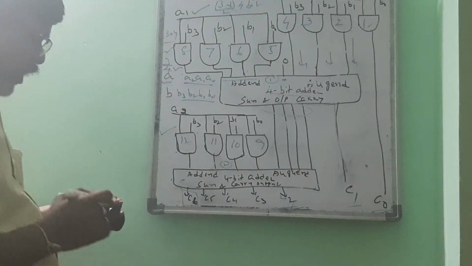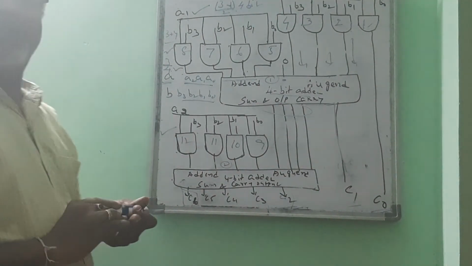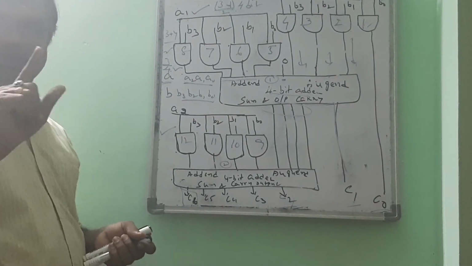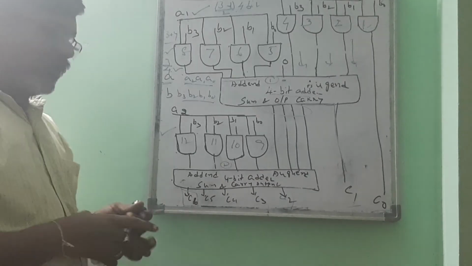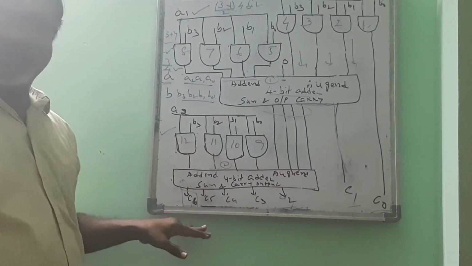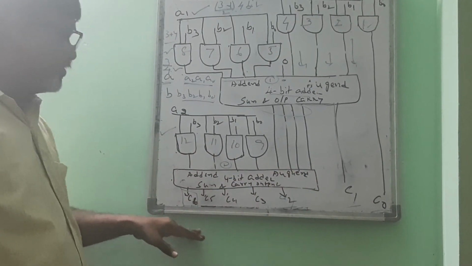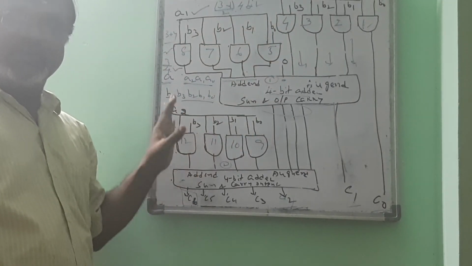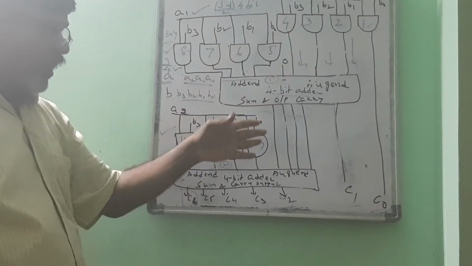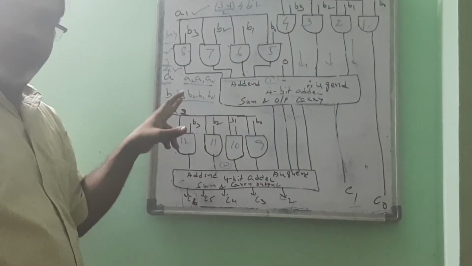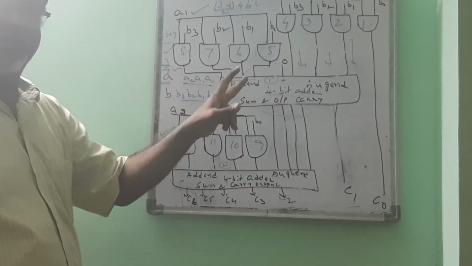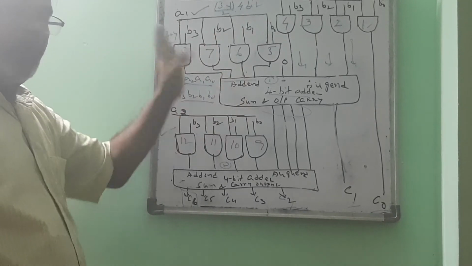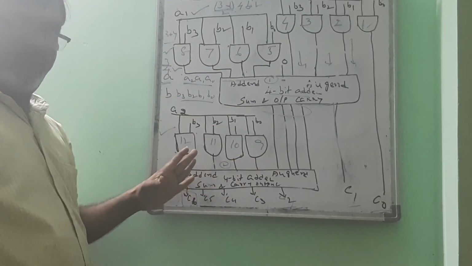So when you are going to perform the multiplication of two input values that contain J bits and K bits, the total product will be J plus K bits, that is 7 bits, and the number of AND gates we use is J into K, that is 12, and the adders we use here are J minus 1 K-bit adders, that is 2 4-bit adders.